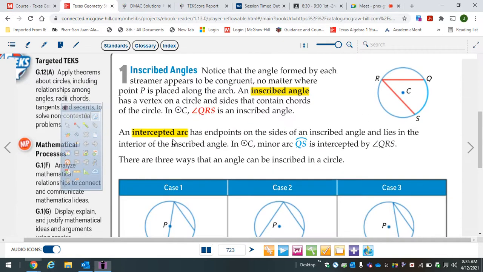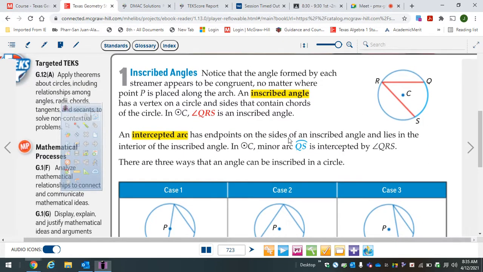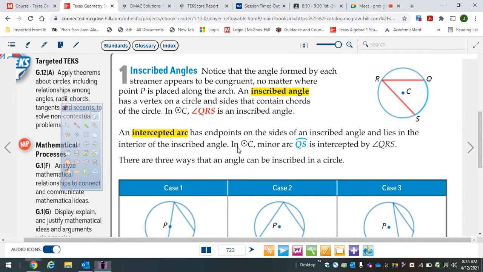Okay, the intercepted arc has endpoints on the sides of the inscribed angle and lies in the interior of the inscribed angle. So in circle C, minor arc QS is intercepted by angle QRS. So see this arc right here, QS, it's intercepted by the angle QRS. There are three ways that an angle can be inscribed in a circle.